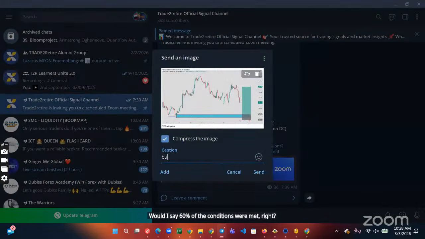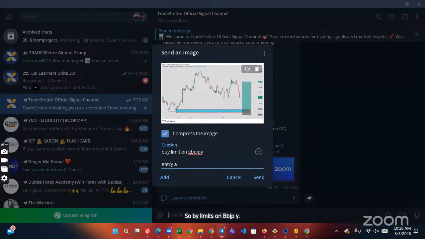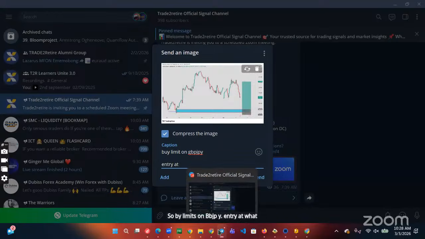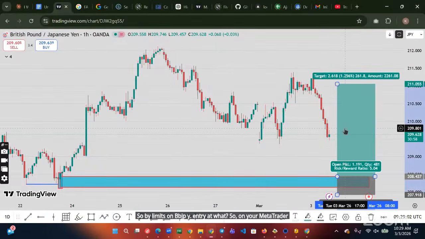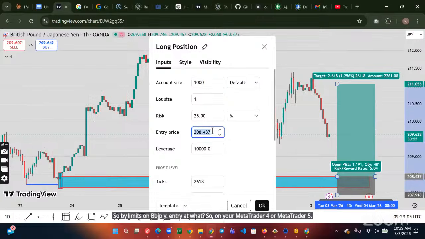So buy limits on GBP JPY. Entry at what? On your MetaTrader 4 or MetaTrader 5, you're clicking on buy limits, not instant execution, after you have discovered your lot size.